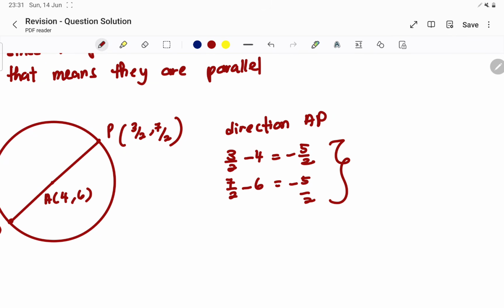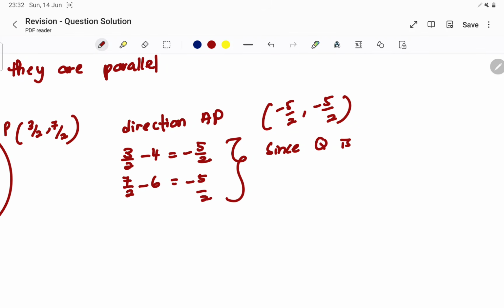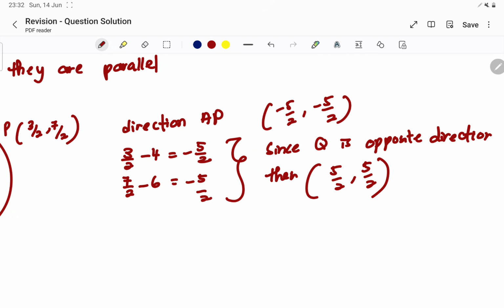So negative 5/2, negative 5/2 is the direction of AP. Since Q is in the opposite direction, you just change the sign, so the direction for Q becomes 5/2, 5/2.